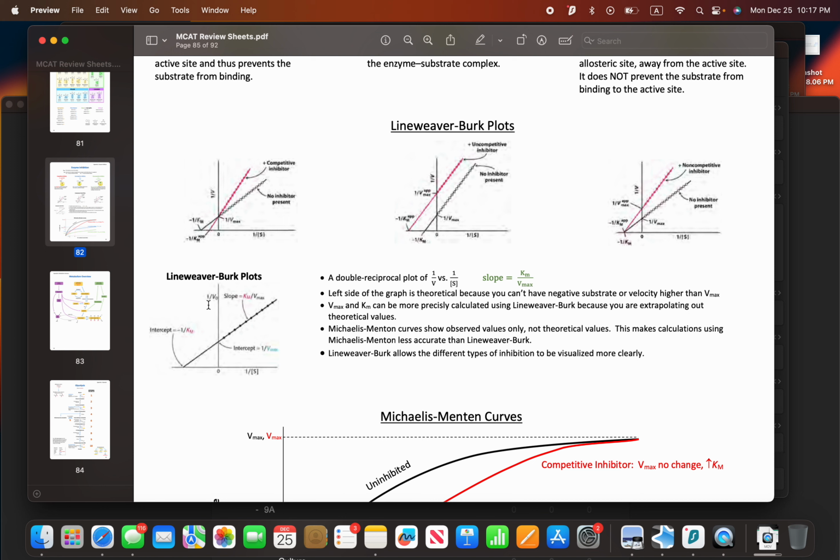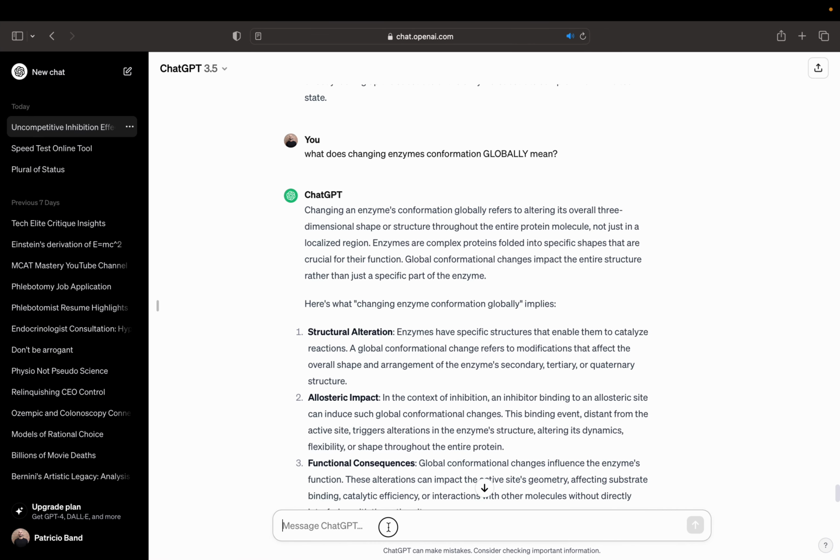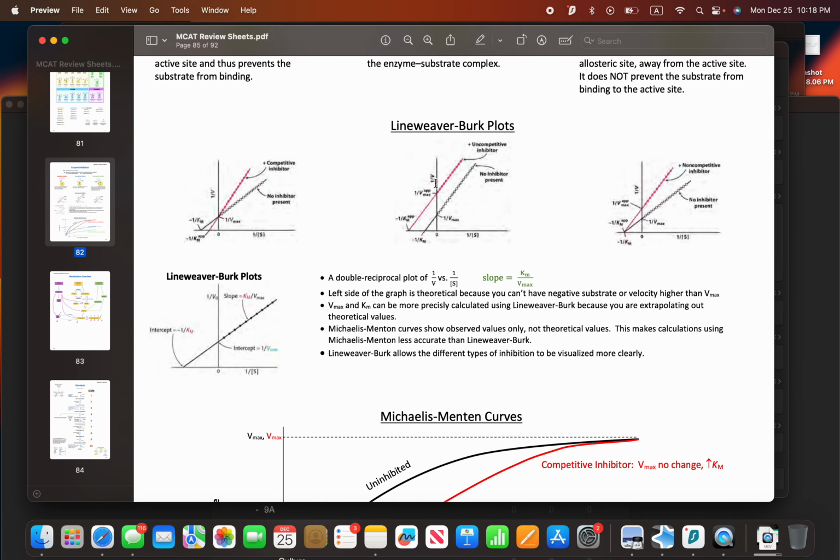Now, the whole 1 over S and 1 over V0 double reciprocal. What does a double reciprocal plot mean? And explain the Lineweaver-Burke plot. Is that how you write it?